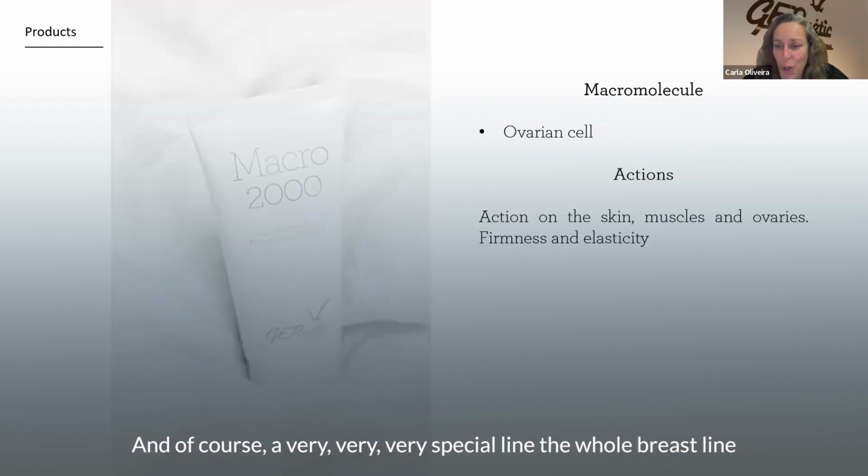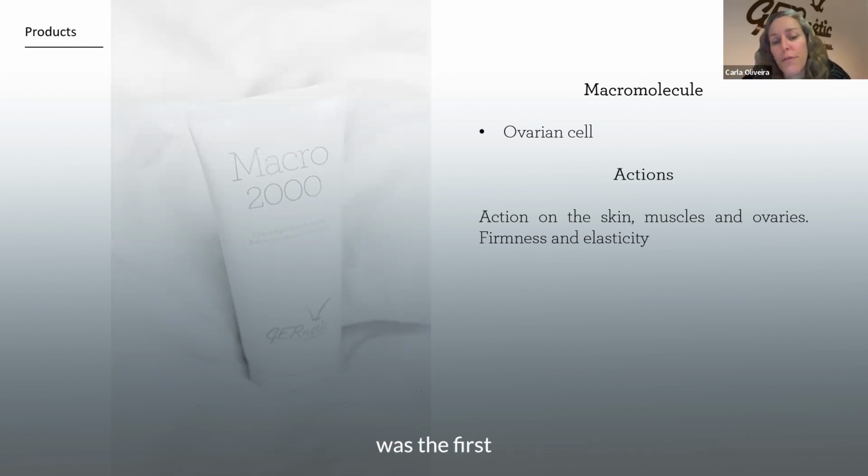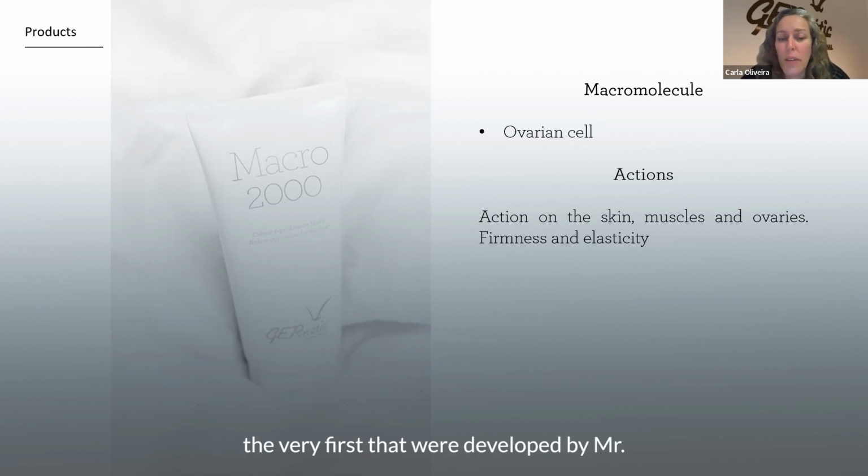And of course, a very, very special line, the whole bust line, was almost the first group of products, the very first, that were developed by Mr. Laporte, because really, well, he loved women.